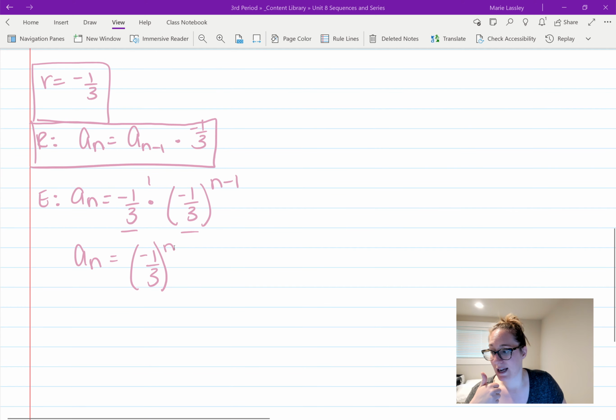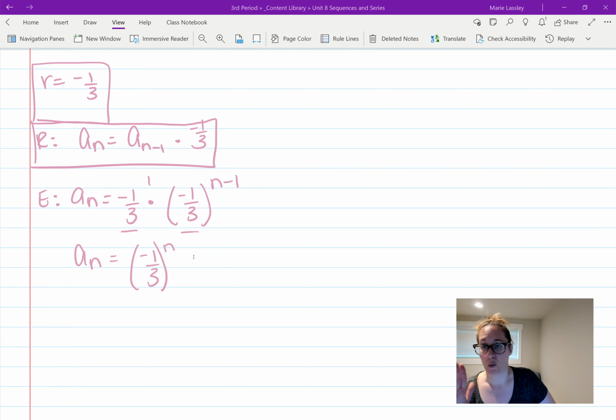So when we take -1/3 and raise it to the power of 2, if the negative were on the outside of the parentheses, then you would end up with just 1/3 squared and then times the negative on the outside. But we want the negative to be part of the problem. We want that negative in the parentheses because we want a positive 1/9 for our second term. So just be careful with that. But yeah, there's our explicit equation all simplified. All right, so we're done there.